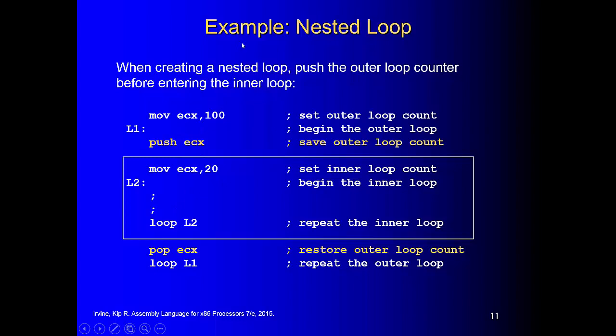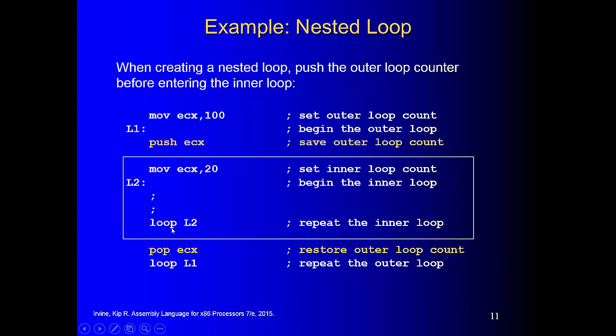Since we have learned how to use push and pop, we can save the outside loop counter's value to the stack. Then we can set up the internal loop. Then we can use it for control of loop 2.